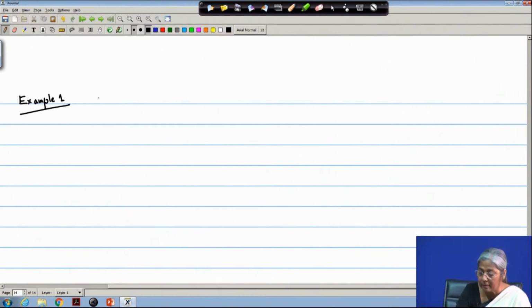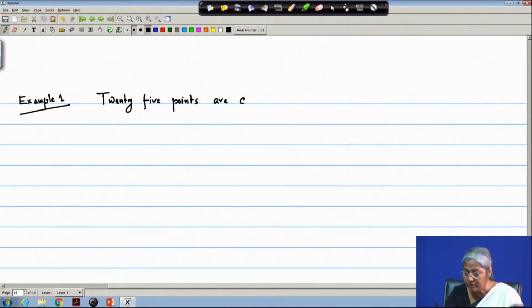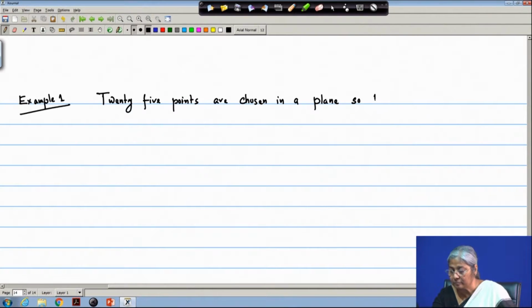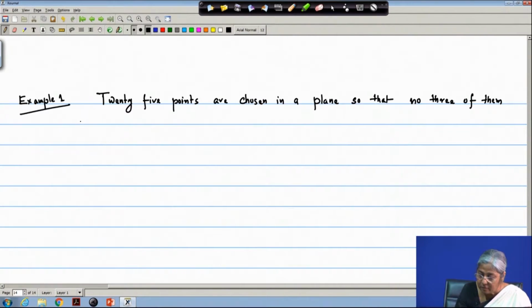Say I have 25 points chosen in a plane so that no three of them among these 25 points are collinear.